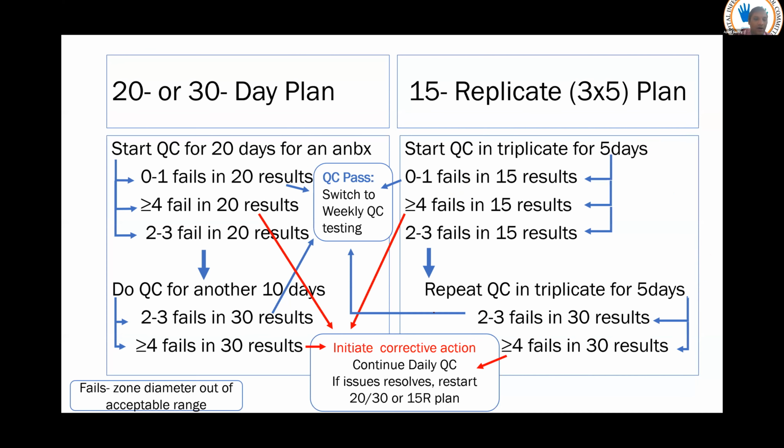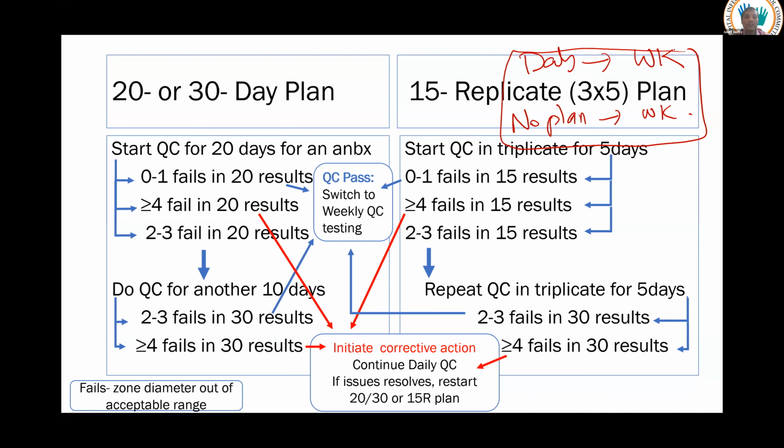Okay, so this is the clear cut transparent guideline on how to jump from a daily plan to a weekly plan. So this plan is required. This method you have to follow when you're jumping from a daily plan to a weekly plan, or if your lab has no plan now and you want to start a weekly plan, then also you have to perform this.